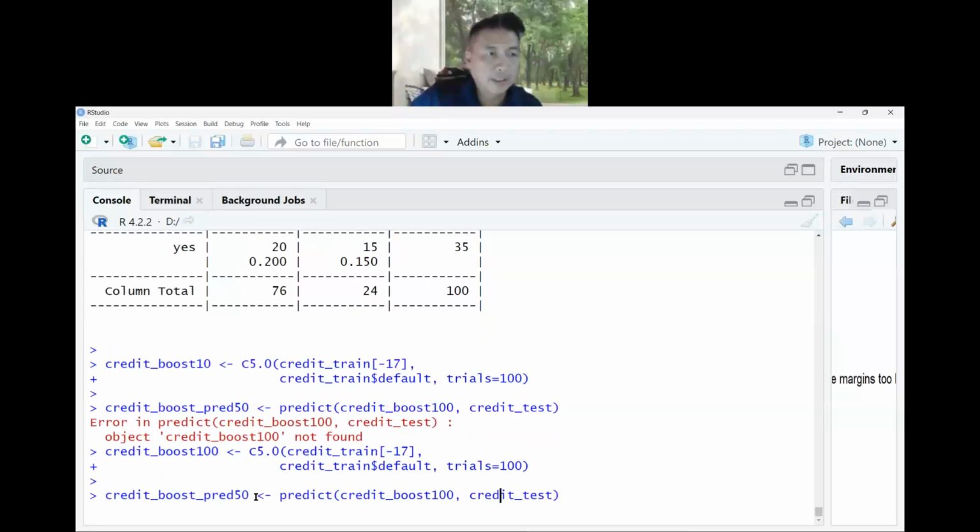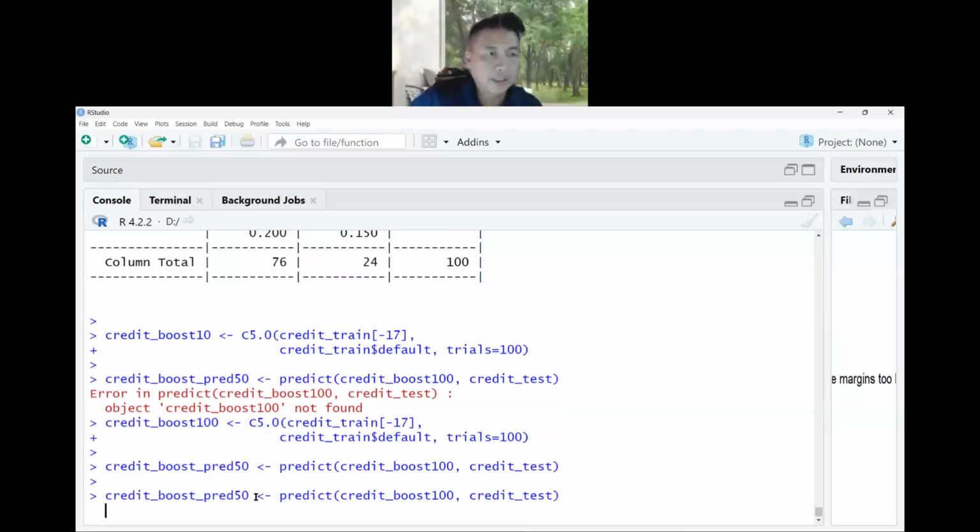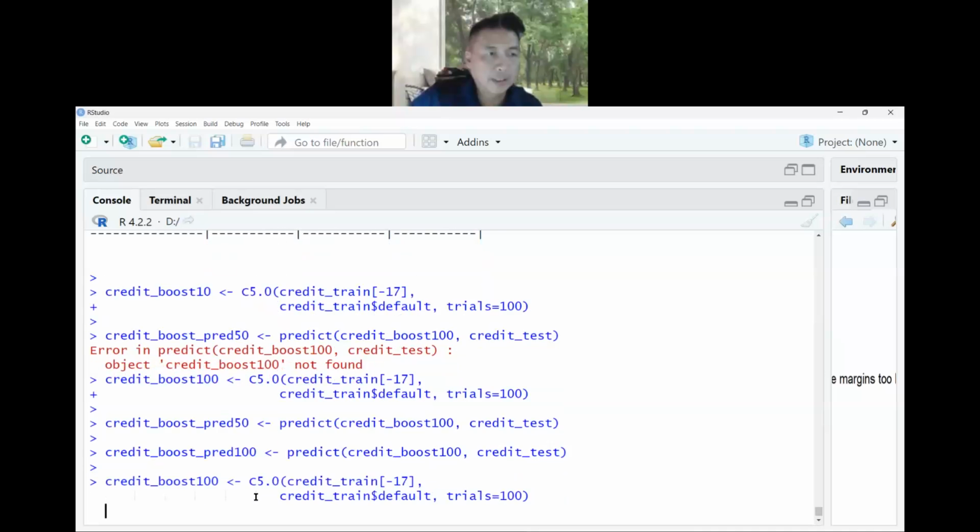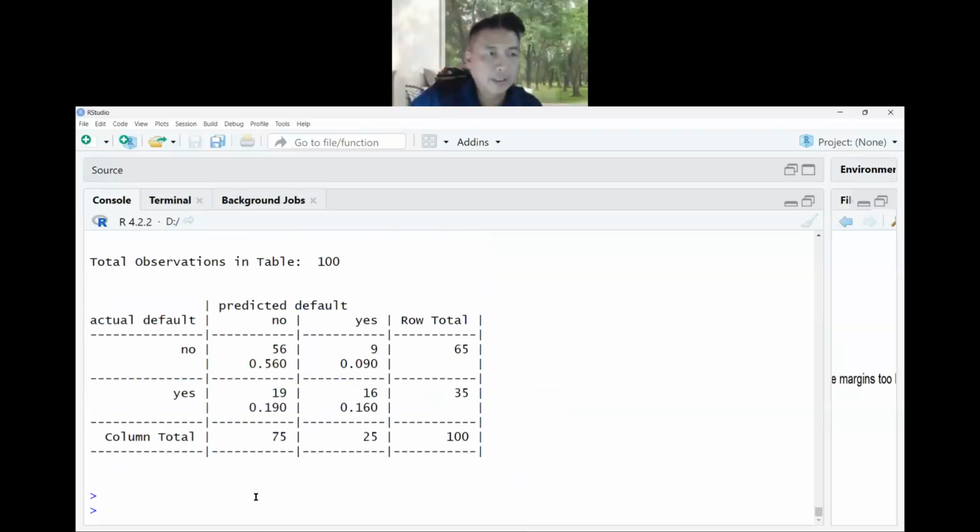Then I perform the prediction using this 100, redo this one using 100, and compute using the 100. So I managed to improve the accuracy by 2% only, but it's okay. There are so many setting choices that we could have. So that's how we perform the classification using decision tree. So any questions?